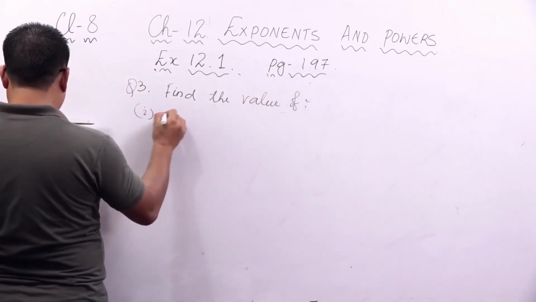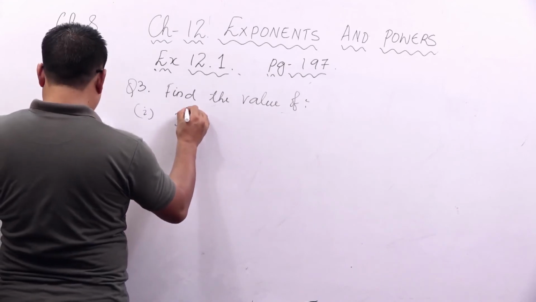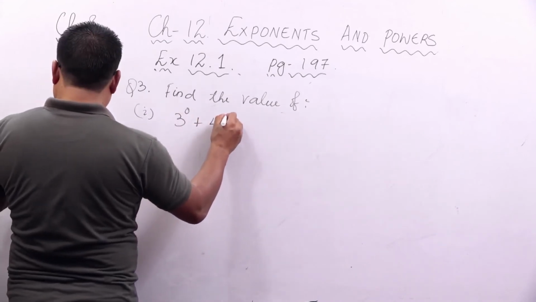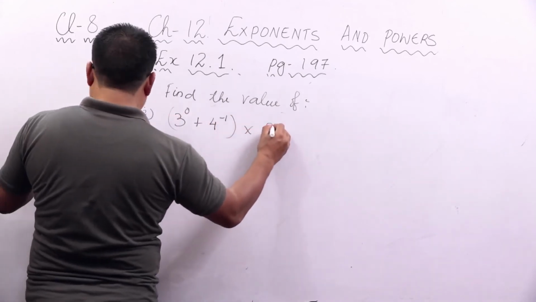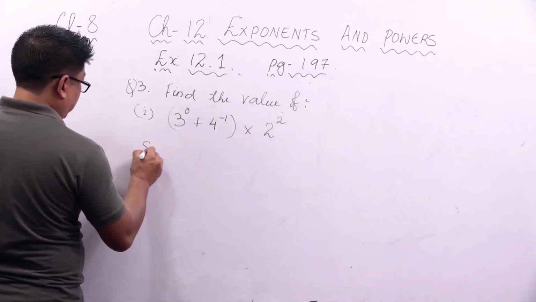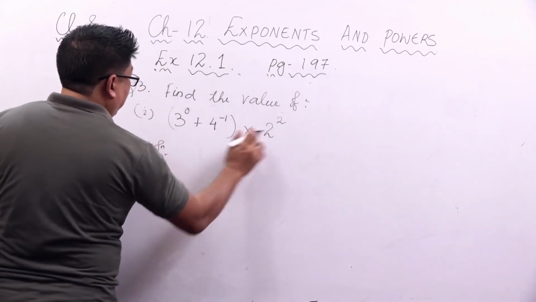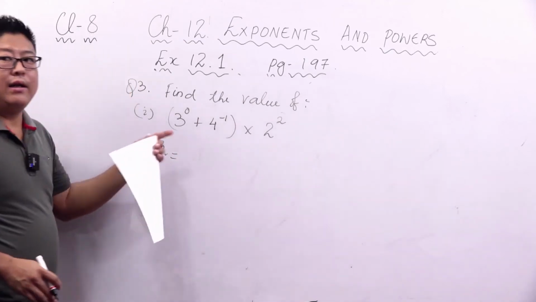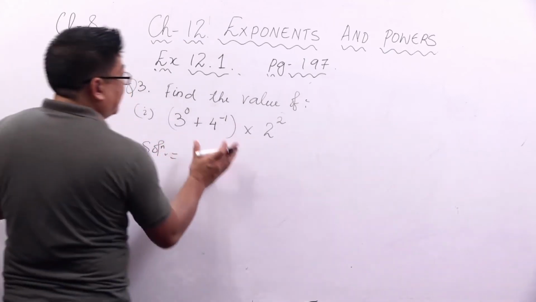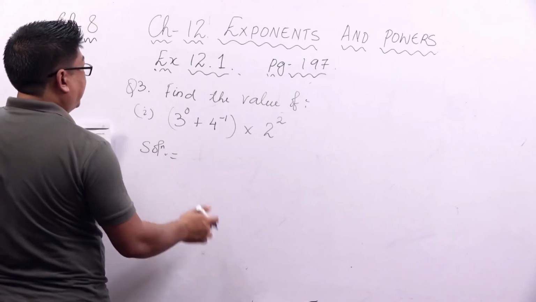So the first one is given: 3 to the power 0 plus 4 to the power minus 1 into 2 to the power 2. So we have to solve all these and find what answer we can find.